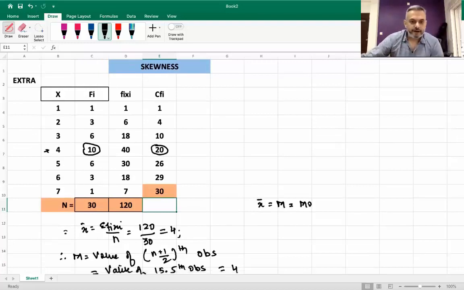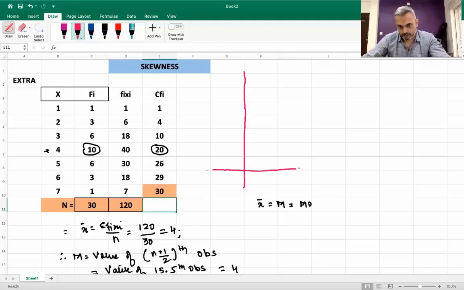Now, please try to understand this thing. Now, if I draw a graph, you have x-axis and you have y-axis. So this is x where we write the variables. So 1, 2, 3, 4, 5, 6, 7 like this.